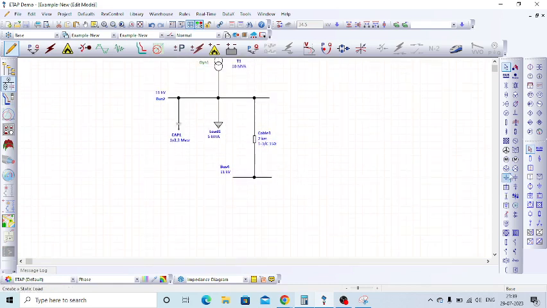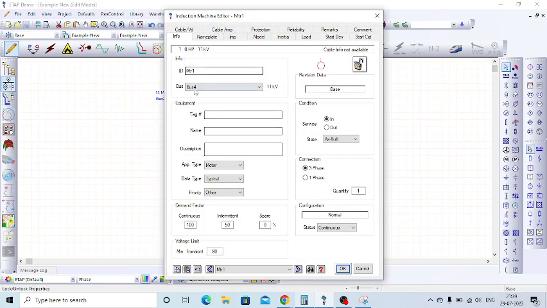Okay. So then I'm trying to model an induction motor here. For the induction motor, we have to enter the ID.